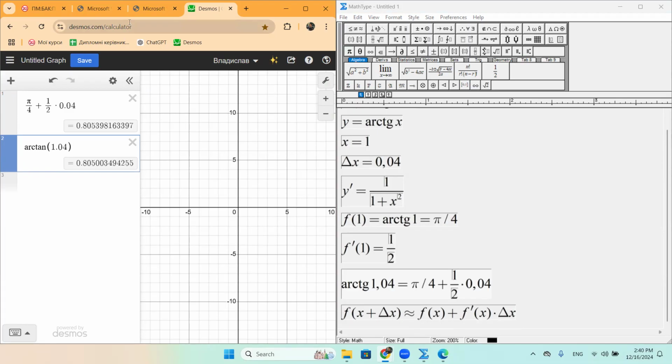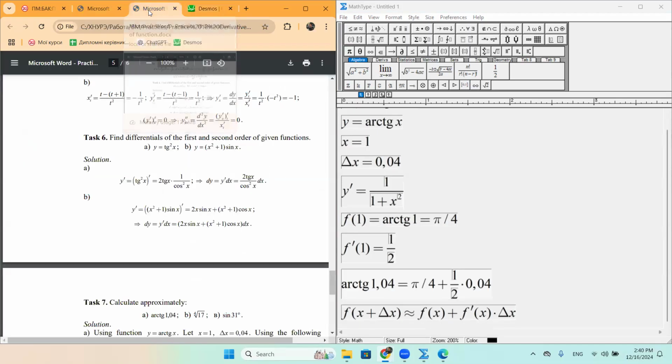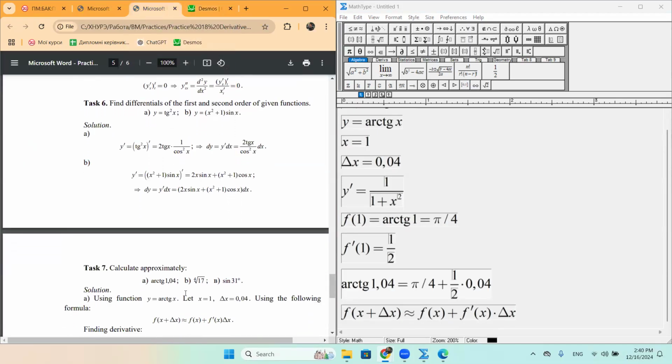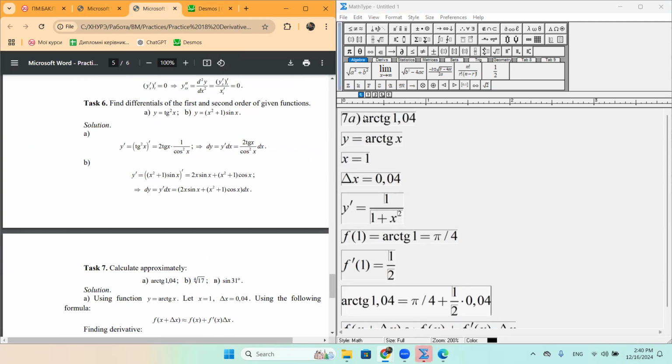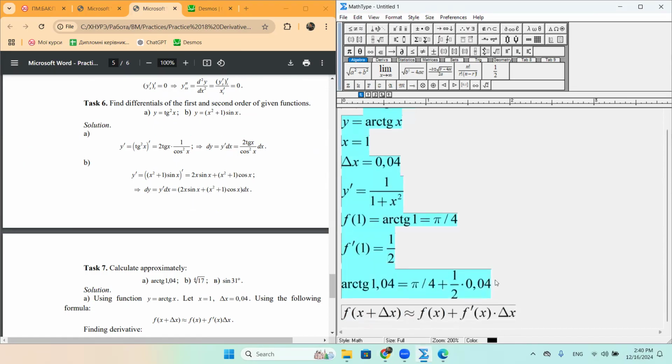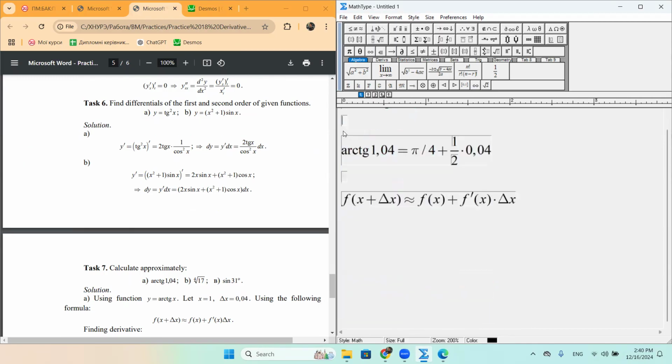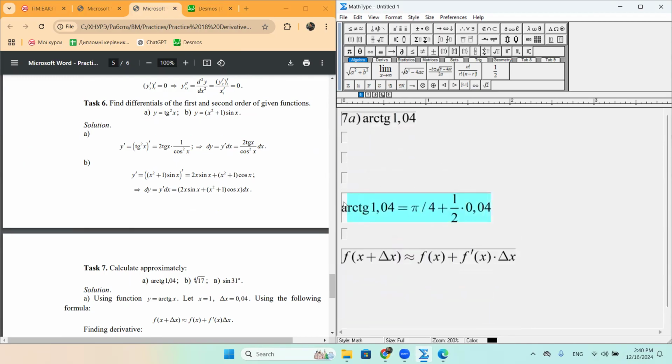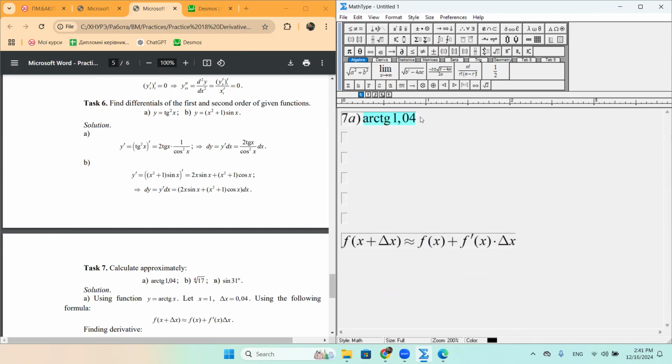No questions. Okay, let's calculate one more example. So root of the fourth power of 17. So let's calculate it as well. So that's not a transcendent value, that is more understandable for us.